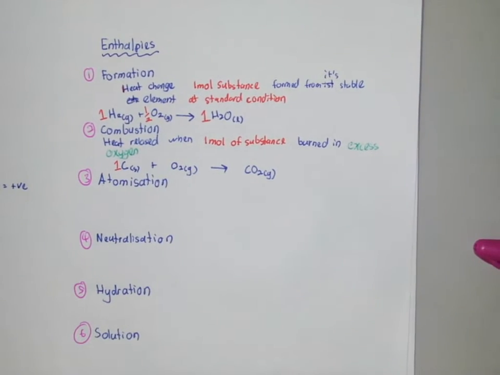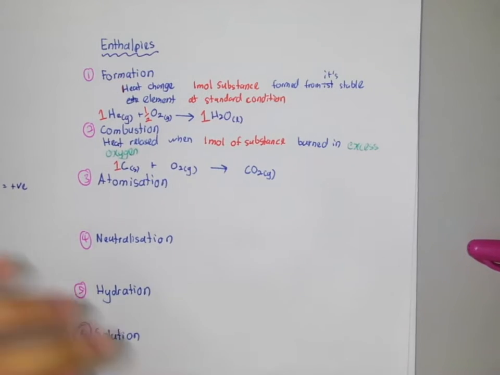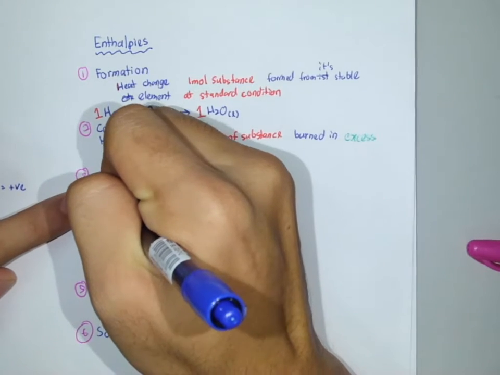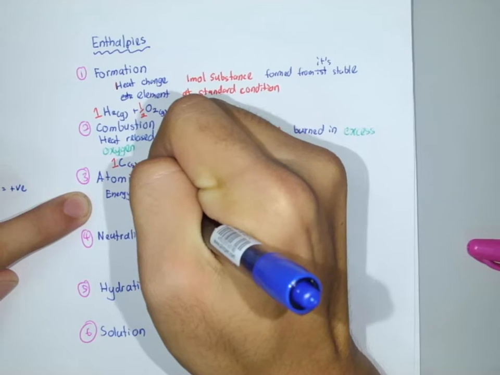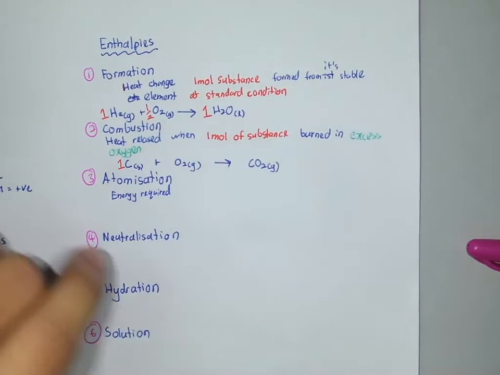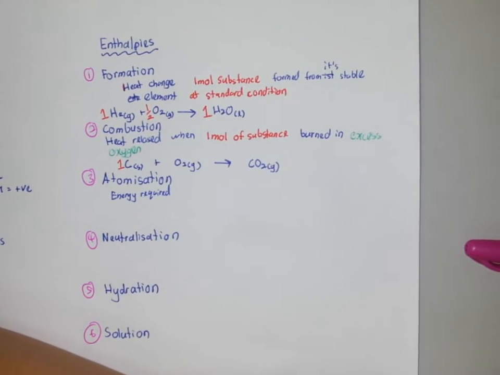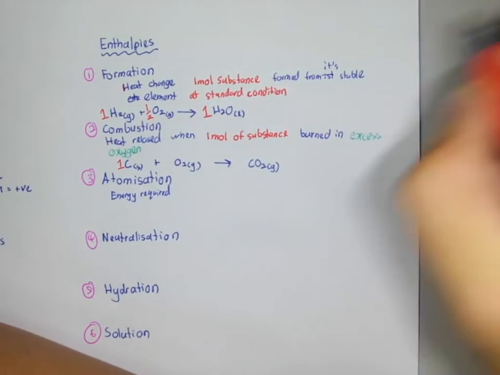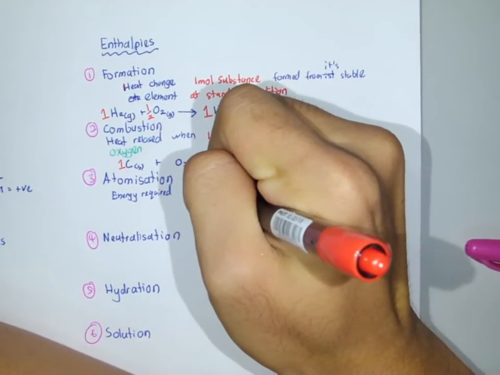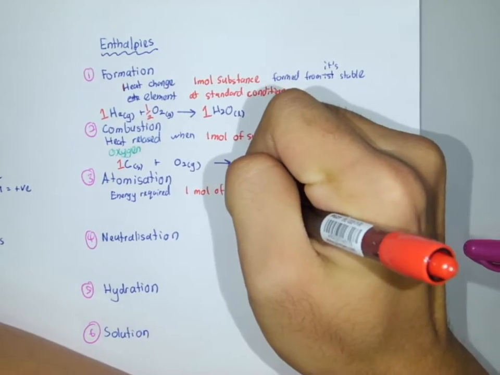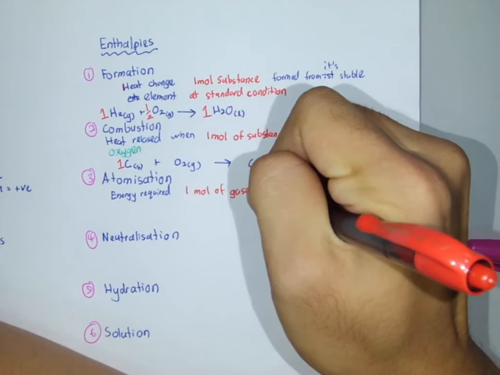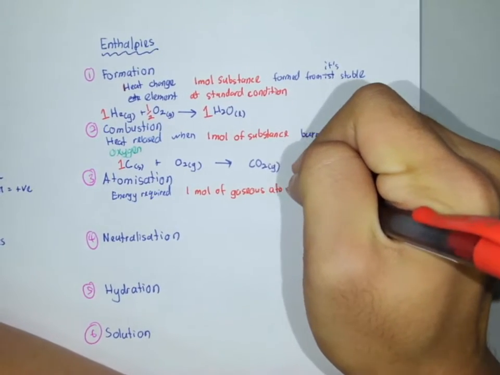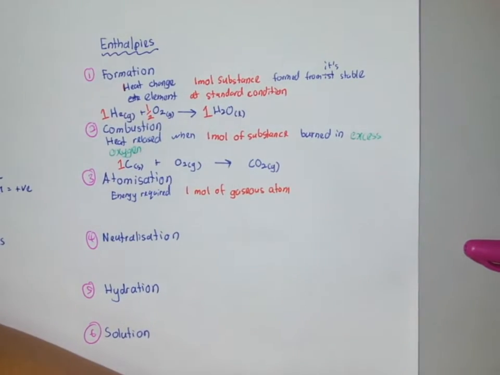Okay, and let's look at the atomization. So it is the energy required to form 1 mole of gaseous atoms from its elements.